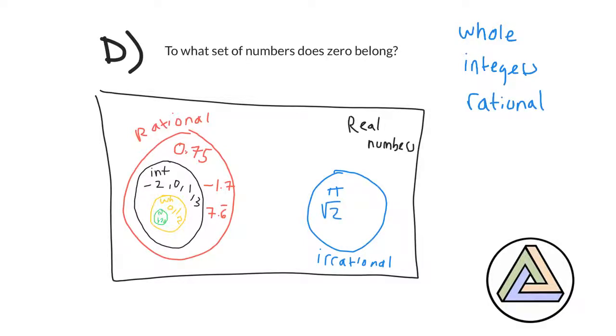And you know what? Let's just say real numbers as well, because let's not forget that everything is inside real numbers. So basically, these are all the sets that 0 does belong inside. Notice how this is left out, and notice how this is left out.